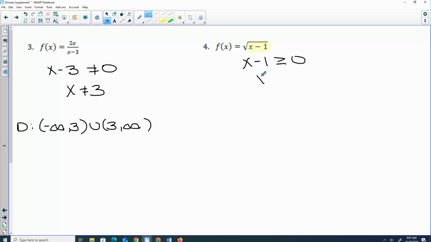So this means x is greater than or equal to 1. How do we write that in interval notation? Bracket 1 to infinity. Yes, the equal to gives us a bracket. It's everything larger, so it goes to infinity. If you struggle with that, you could always draw yourself a number line too. That helps.